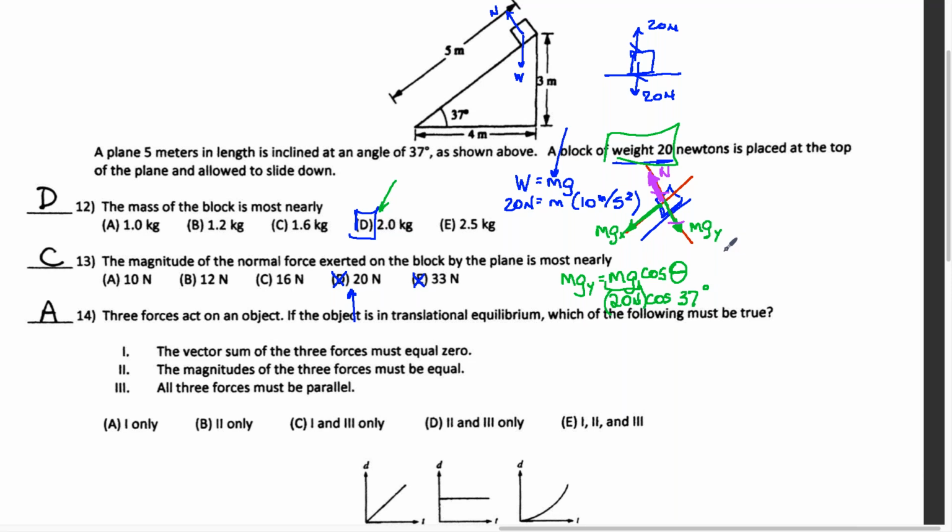And when you do that, you get a y component and an answer of 16 newtons. So I hope that answers your question on that one, Lauren, on 12 and 13.